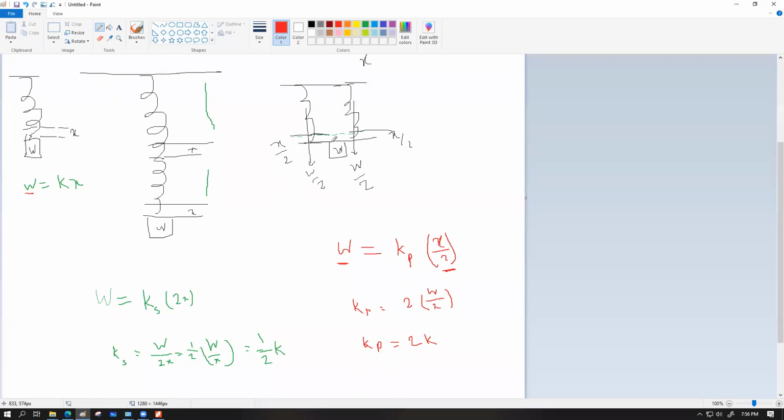So this object weight, which is still represented as a W, let's assume this weight is existing as a particle at the midpoint. But if this particle was physically close to the right spring, this would definitely undergo a bigger amount of extension, and this will undergo a smaller amount of extension. Or in other words, the supporting bar might as well look like this. So one part would be extending more compared to the other.